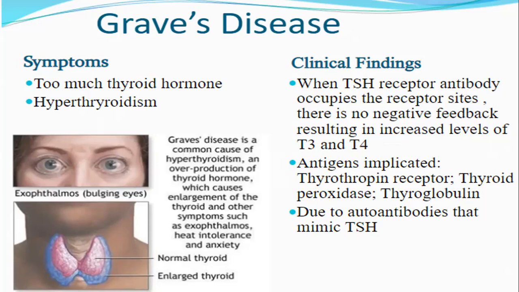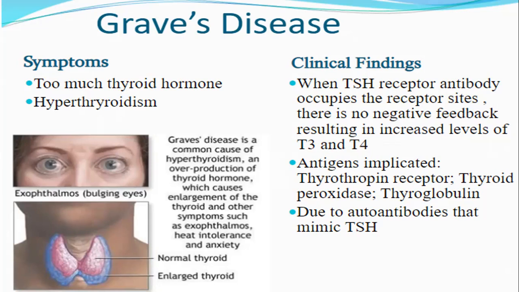and among others. Now, the TSH receptors are normally where the TSH produced by the hypothalamus binds.